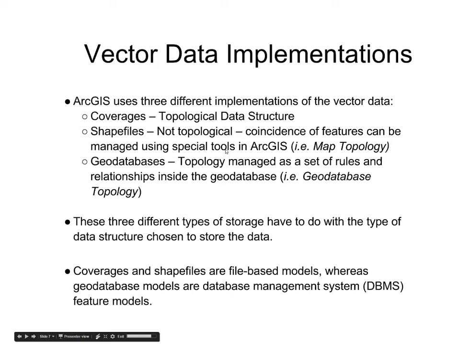So when we talk about topology, we're talking about vector data. Okay, so in the Esri world, we have coverages, shapefiles, and geodatabases. And when we talk about modeling topology, we're always talking about doing that on vector-based systems.